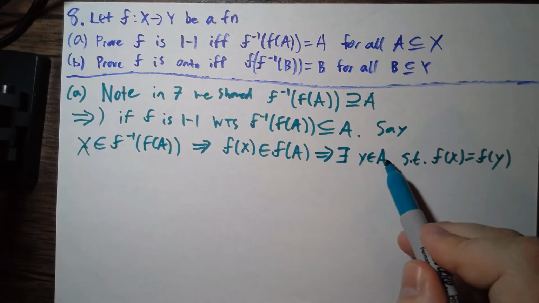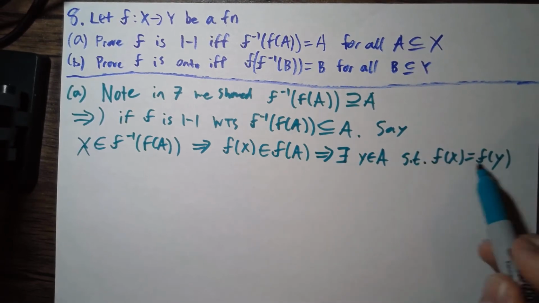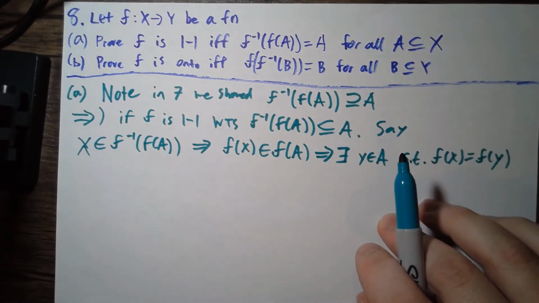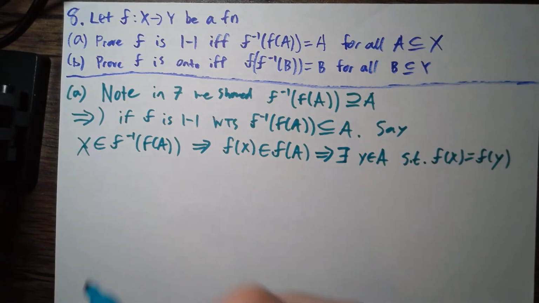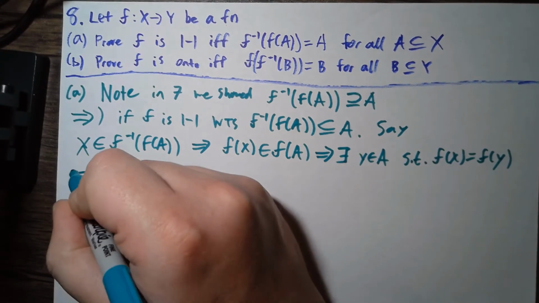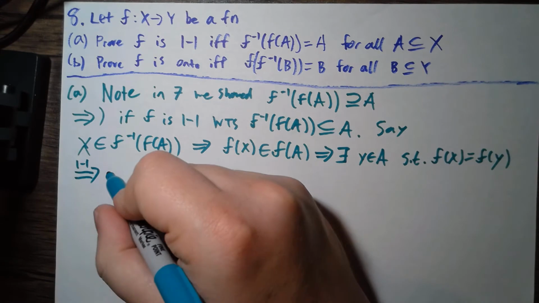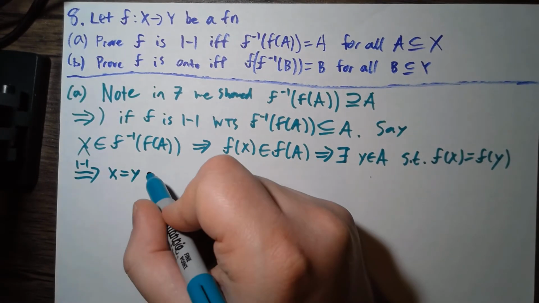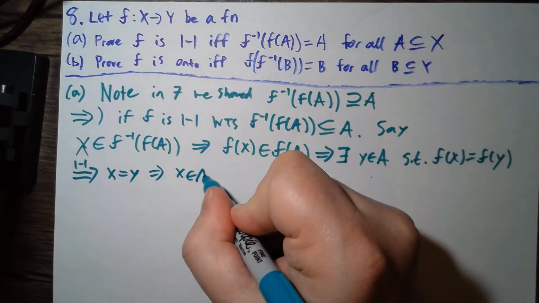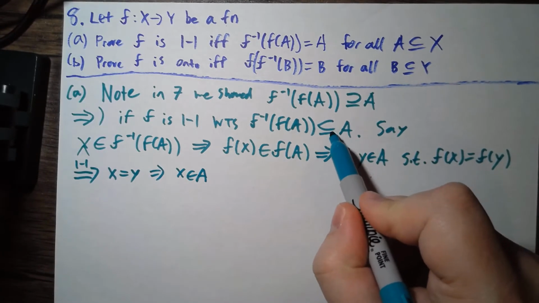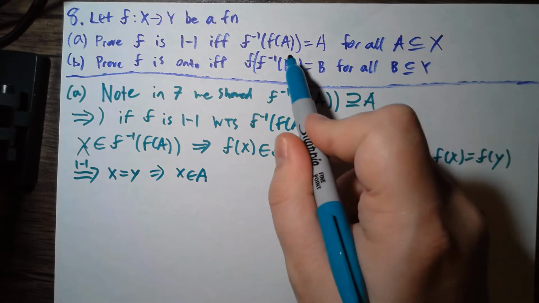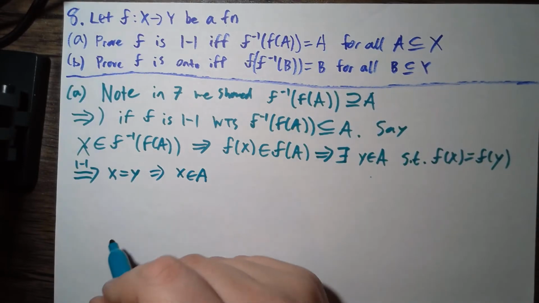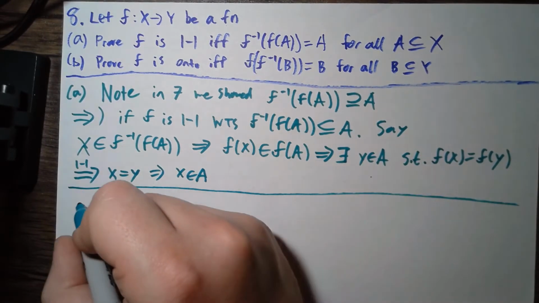But then, using that f is 1 to 1, this implies x is equal to y. But we know that y is in A, so x is in A. And we showed in the previous problem the other inclusion, so that gives us the equality. So that's the first part.